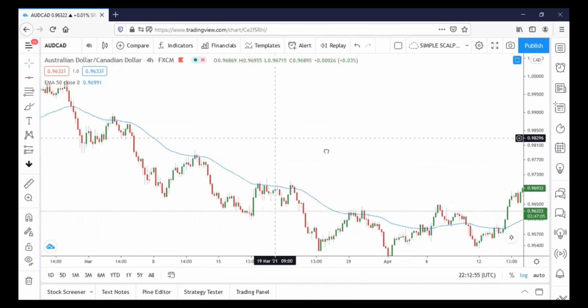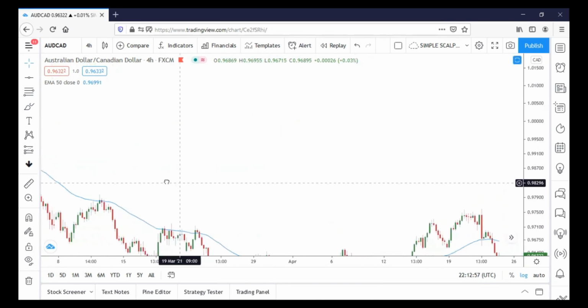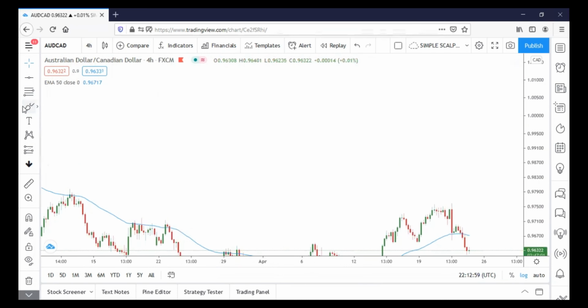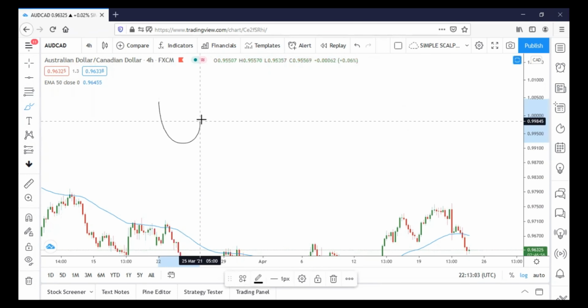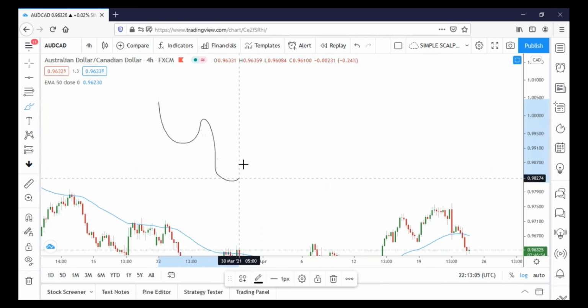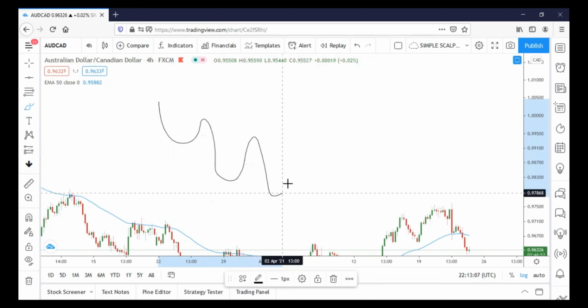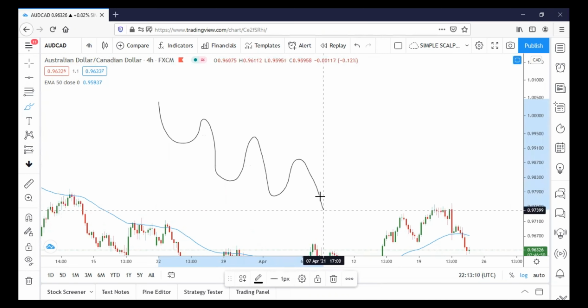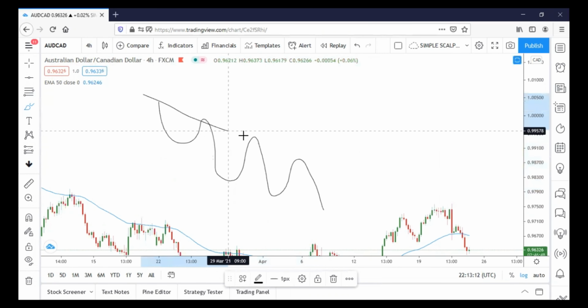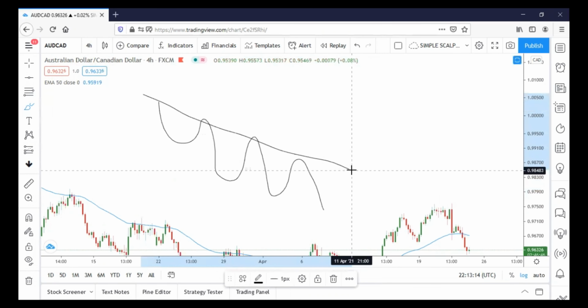Once again, in the case of a downtrend, we only want to see a movement of price in this direction, and we want to follow that with a single moving average.